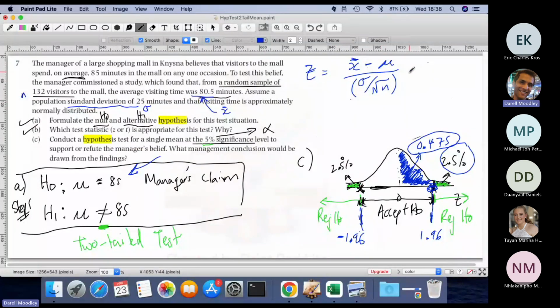You plug all those values into the formula, and if you do that, you'll get a value of minus 2.07.